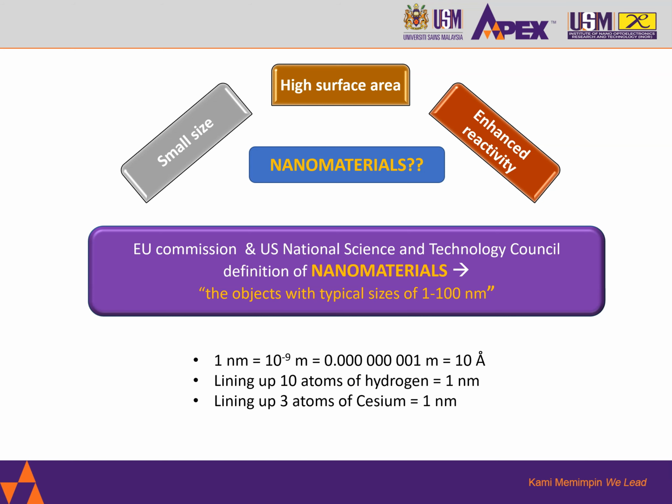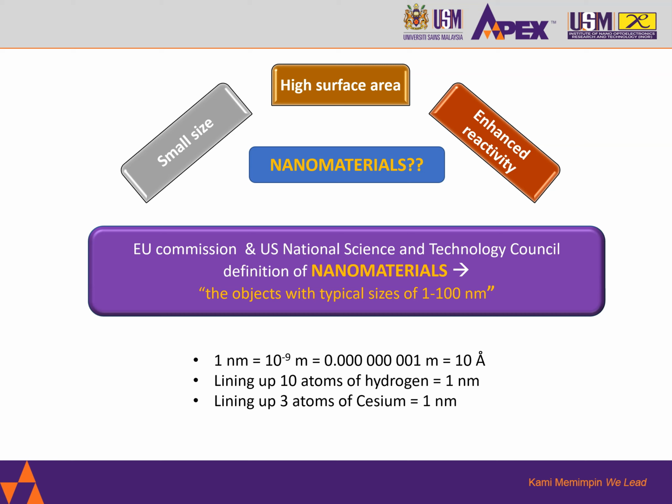By now, you should be aware that the word nano is a prefix that is equal to the order of 10 to the power of negative 9 meter. So 1 nanometer is equal to 0.000000001 meter, or equal to 10 Angstrom. 1 nanometer is the length if you line up 10 of the smallest atom in the periodic table, which is hydrogen, or if you line up just 3 of the largest atom in terms of atomic radius in the periodic table, which is the atom of cesium.